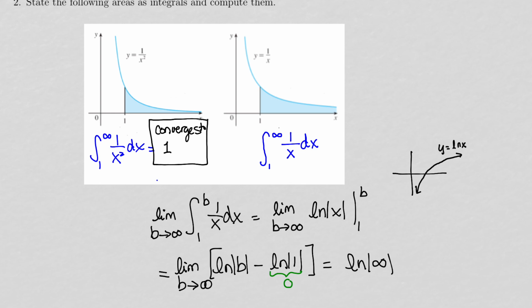But as you go to infinity, it's going to be going to infinity. So, even though 1 over x squared converged to 1, 1 over x does what? What does this guy do when it goes to infinity? It diverges. So we say that this guy diverges.